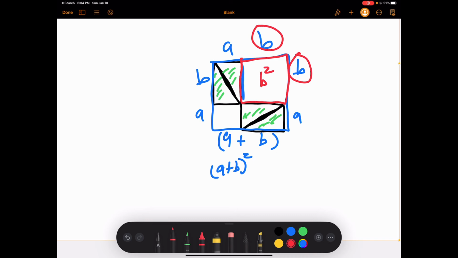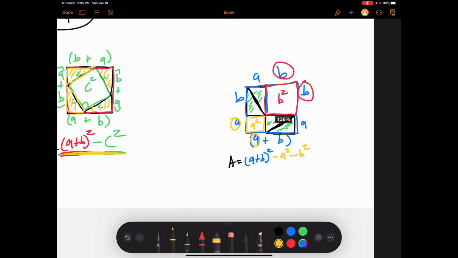And then let's do this one right here, this area in yellow. We see that this is an area of A times A, which is going to be A squared. So we see that our area is equal to (A plus B) squared minus A squared minus B squared. That's the area of our big square.